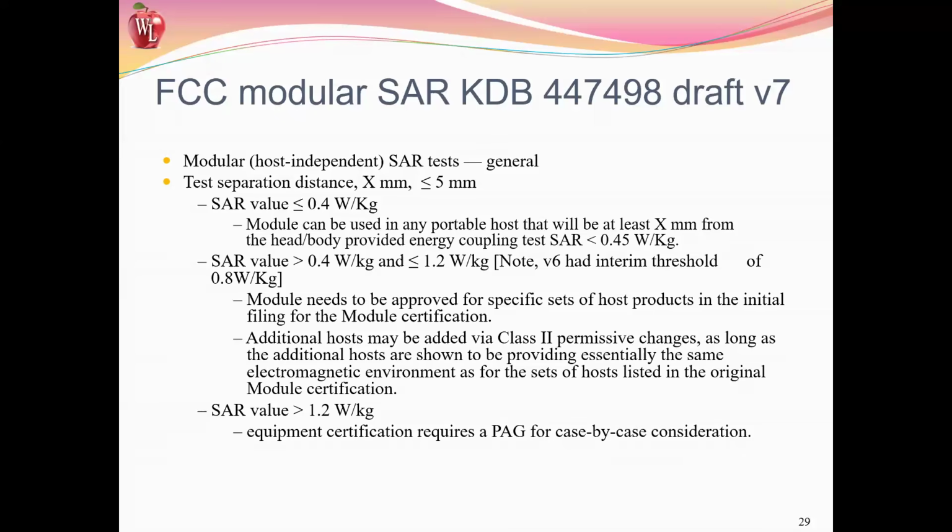You've got to be less than 1.2 watts per kilogram. It requires a PAG for case-by-case consideration. Sorry, if the SAR value is greater than 1.2, you can still get certification, but it's going to have to get approval guidance.